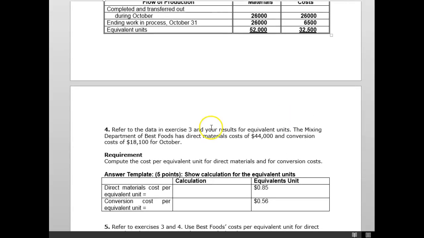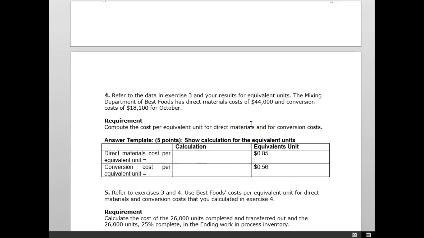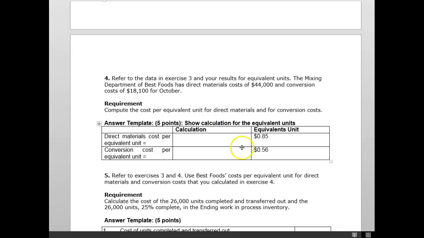It's pretty straightforward. Now we're going to refer to the data in 3, and we're going to look at what the costs were per equivalent unit. Yes, here's our units right here. They're telling us that there were $44,000 in direct materials involved, and in conversion costs there were $18,000.